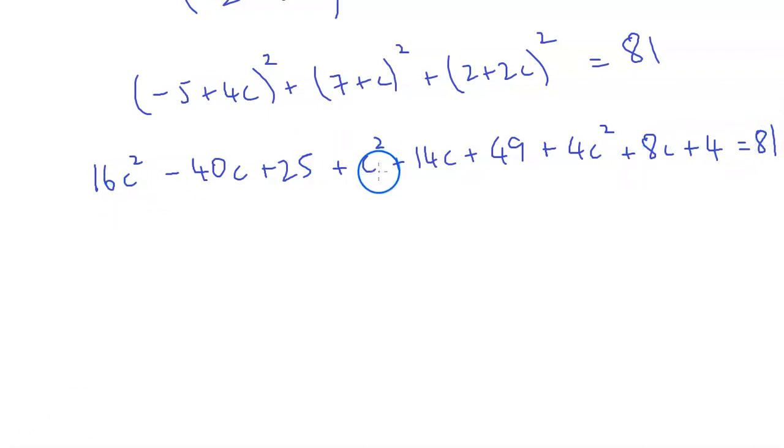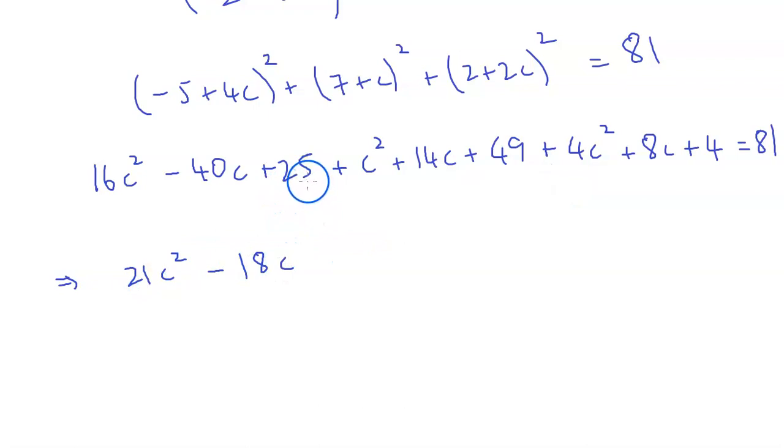So we have 21c² in total. How many c's do we have? -40 + 14 + 8, so that will be -40 + 22, which is -18c.